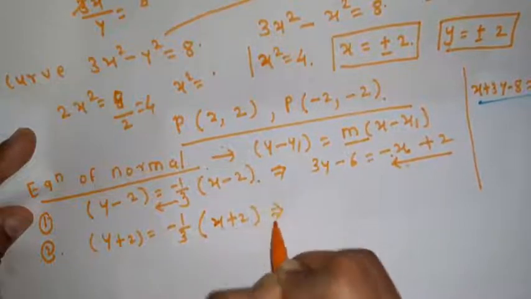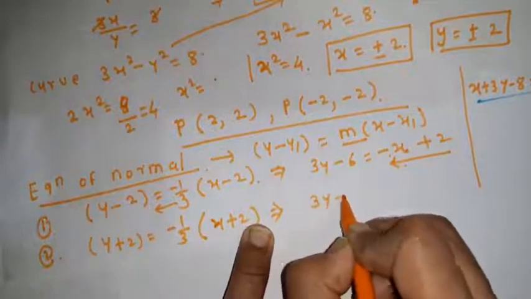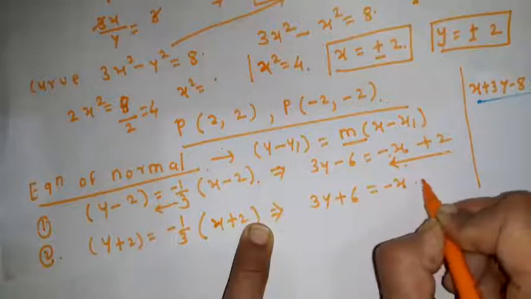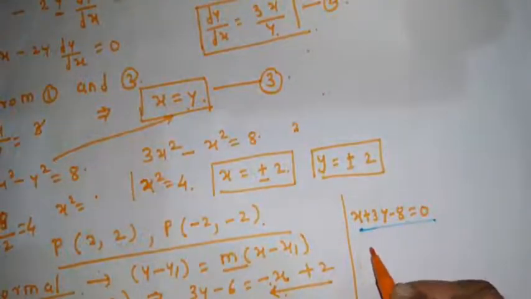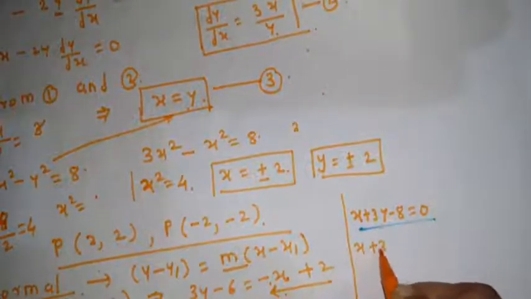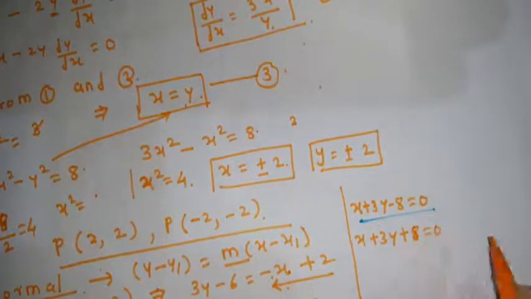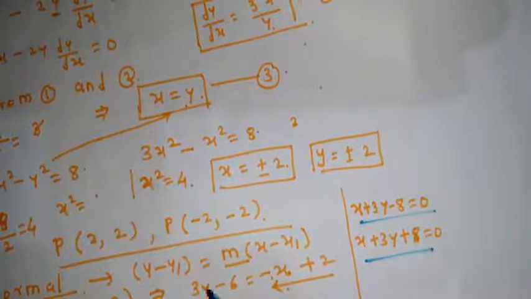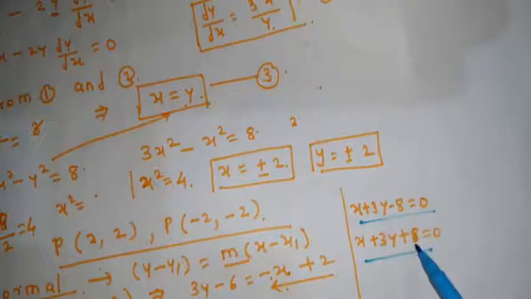Shift this 3 to that side, we will get 3y plus 6 equal to minus x minus 2, and we get x plus 3y plus 8 equal to 0. This is again another equation of normal. By using 2 points, we have found out the two equations of normal.